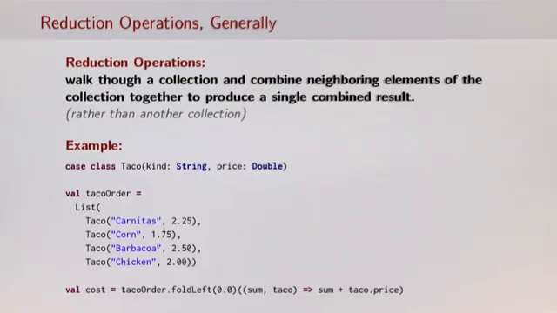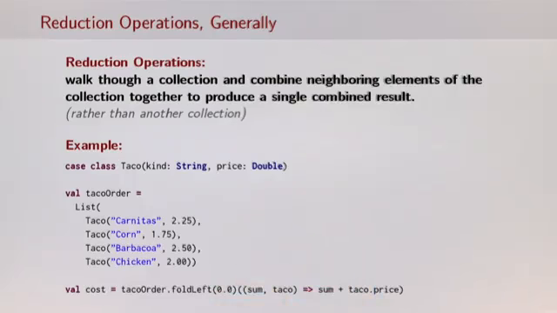In this case, we'll use a foldLeft operation, and we'll walk sequentially through the collection of tacos, accumulating and summing up the price of all the tacos, starting with the initial price of 0. So starting with this 0.0 double here, we're going to accumulate up the prices and sum them up. And at the very end, we'll have the price of all of these tacos summed up.